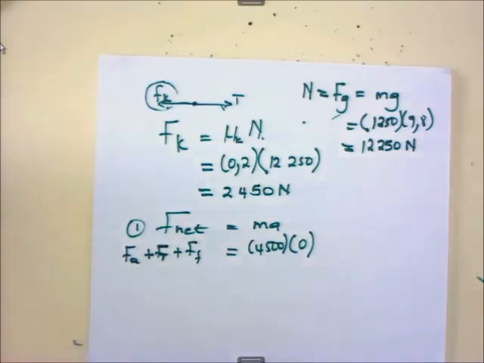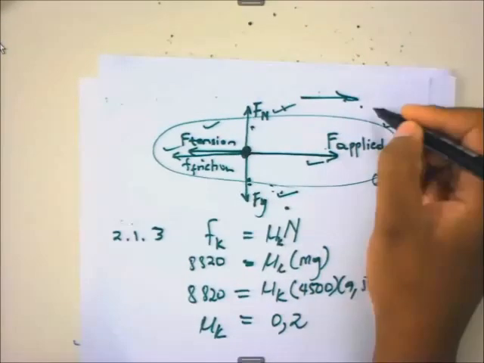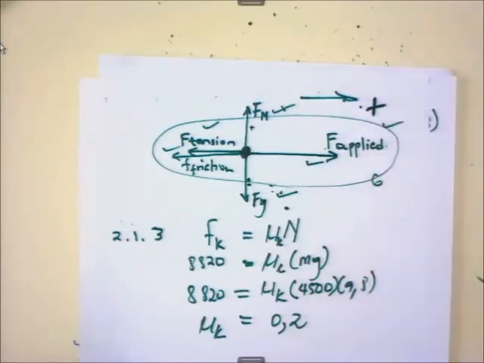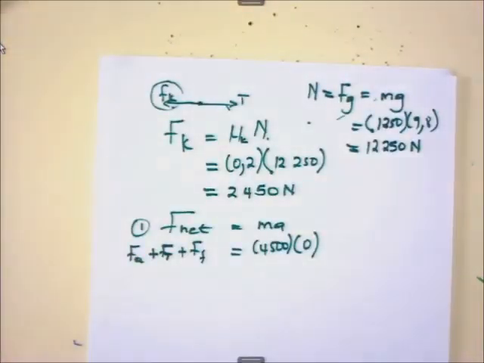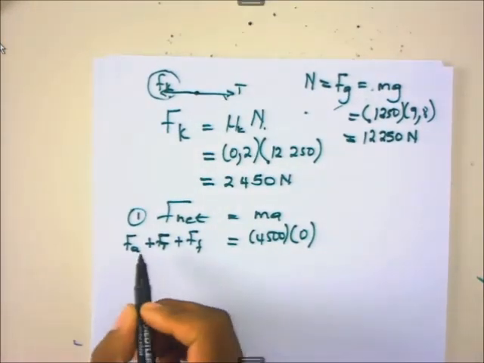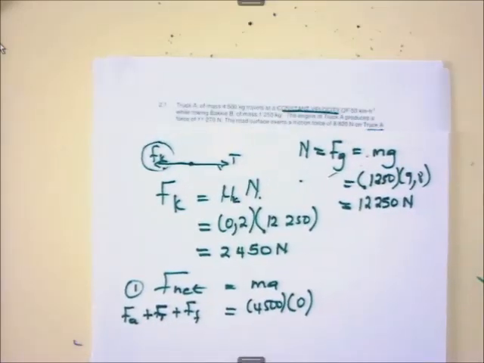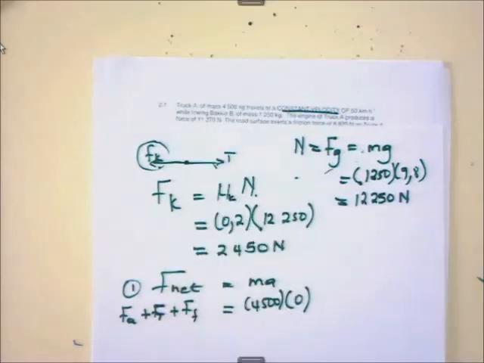Now I am going to substitute. Because this was the direction of motion, it will always be positive. I always choose the direction of motion as positive. So my applied force is 11,000. I was given the applied force. Here is the magnitude.